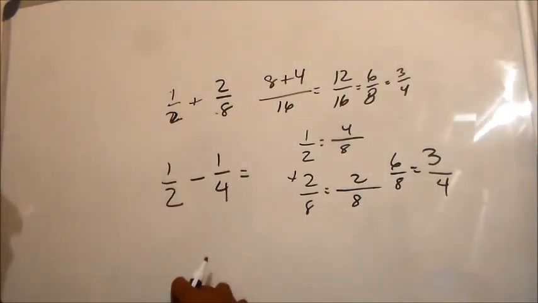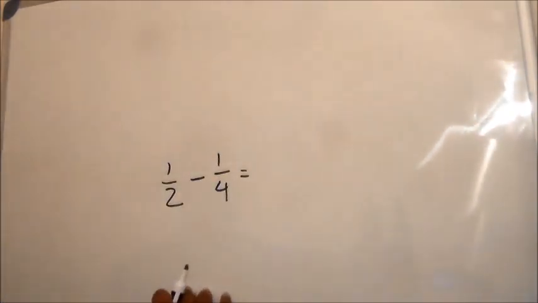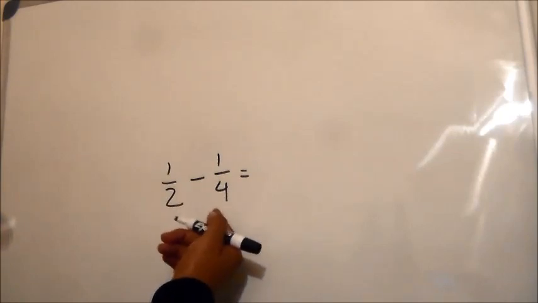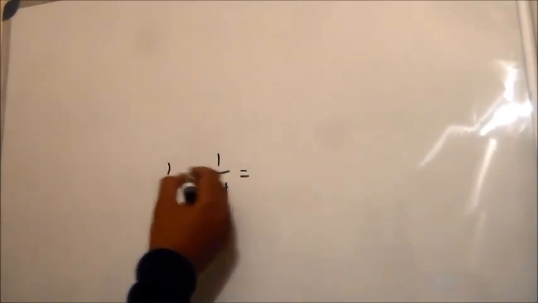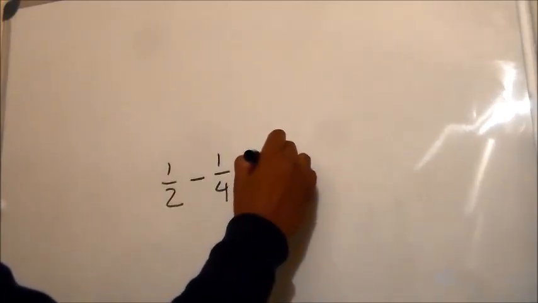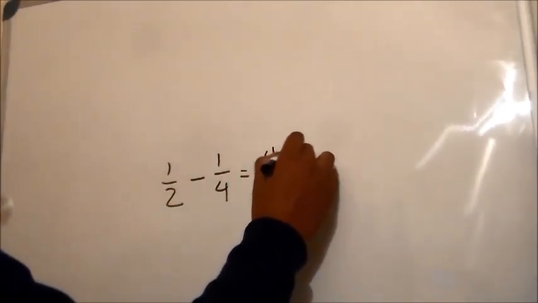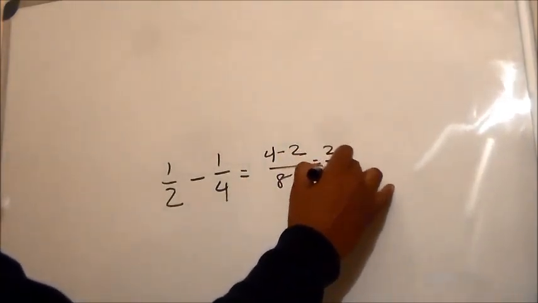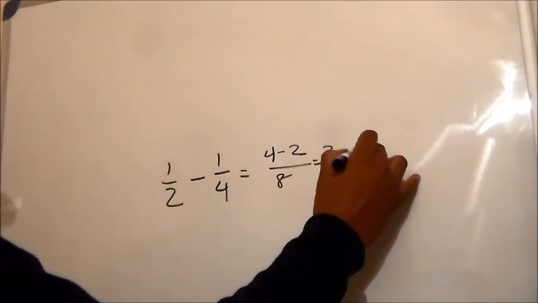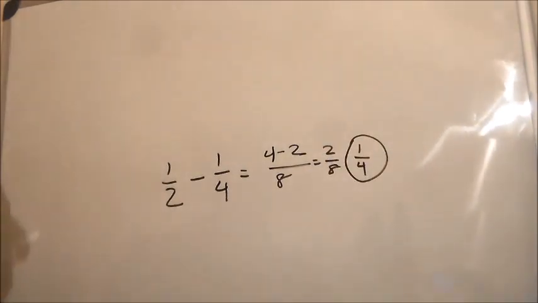I make mistakes, but I do a lot of math, and I tend to catch myself. Now with the subtraction, 4 times 1 is 4, 2 times 1 is 2. 2/8, which can reduce to 1/4, if we do it the rapid way.